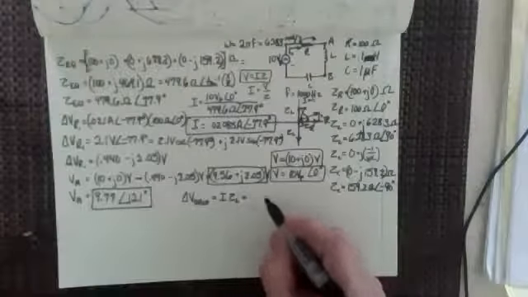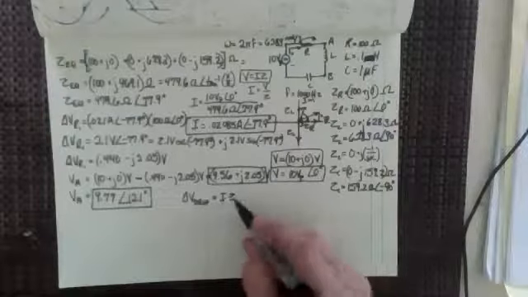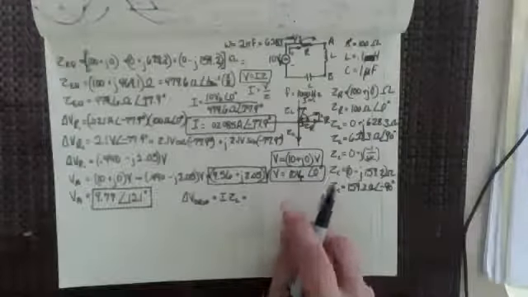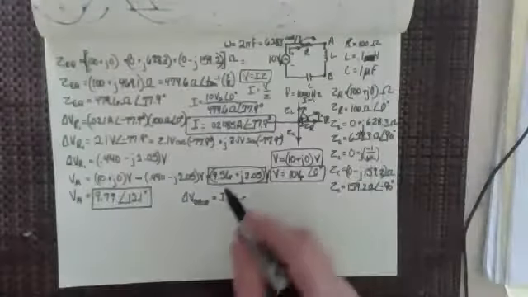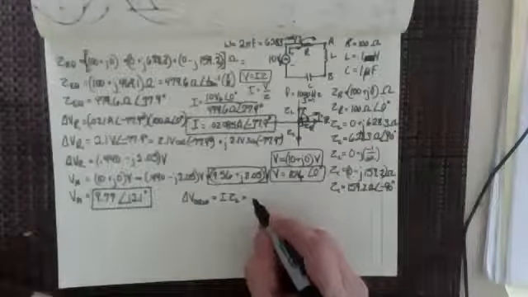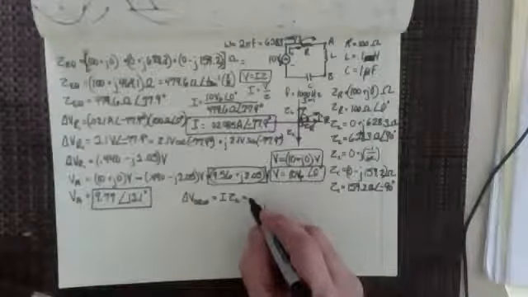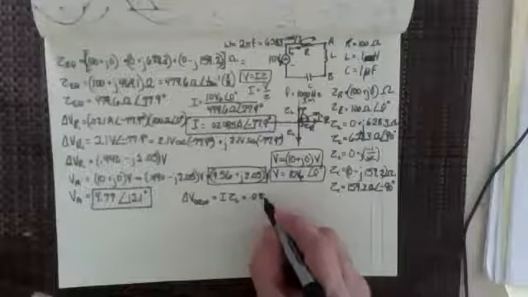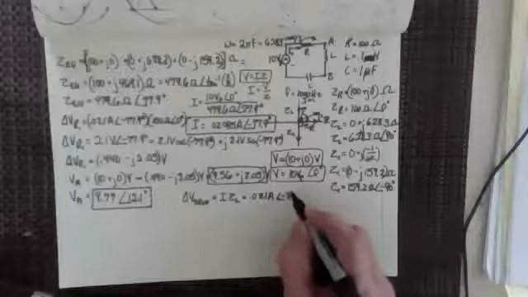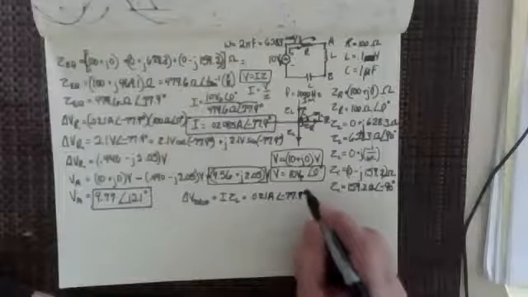So I've got I, and we're multiplying two complex numbers together, so we want to use the phasor form of I, and the phasor form of I is 0.021 amps at an angle of minus 77.9 degrees, right?